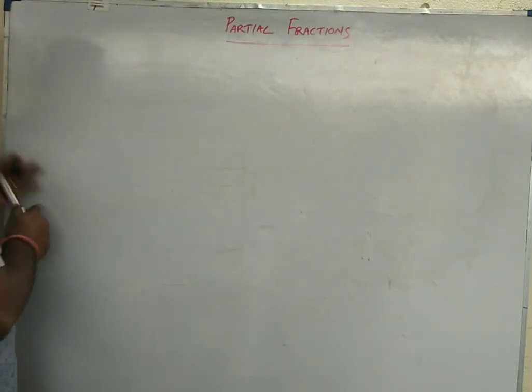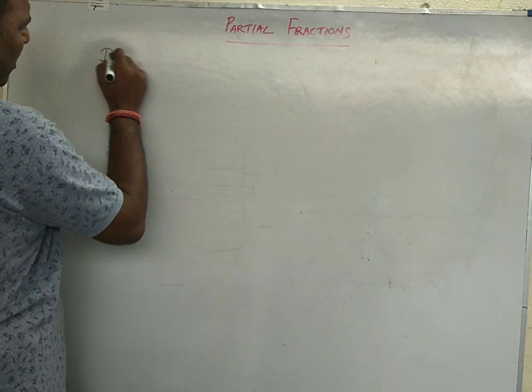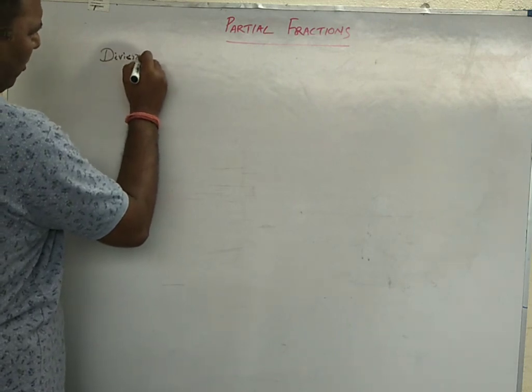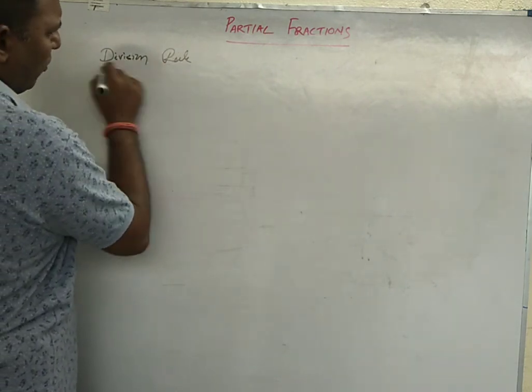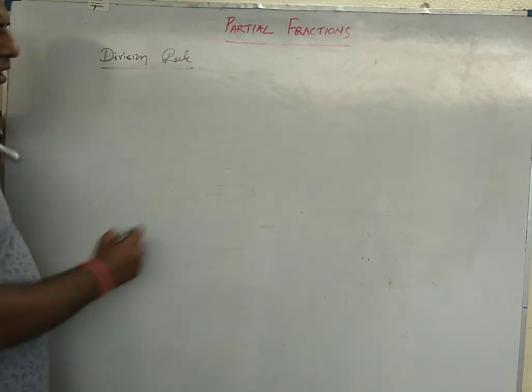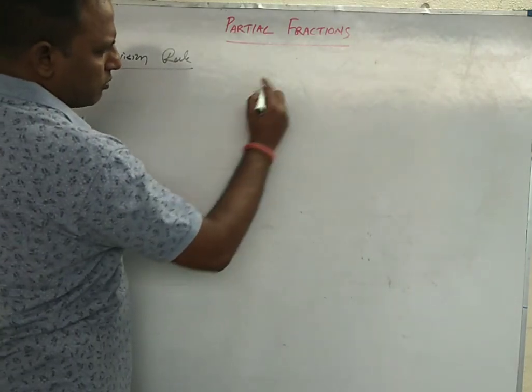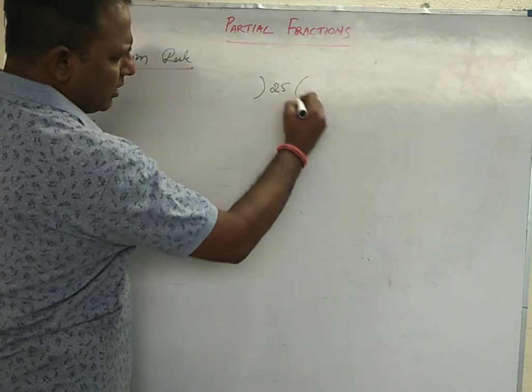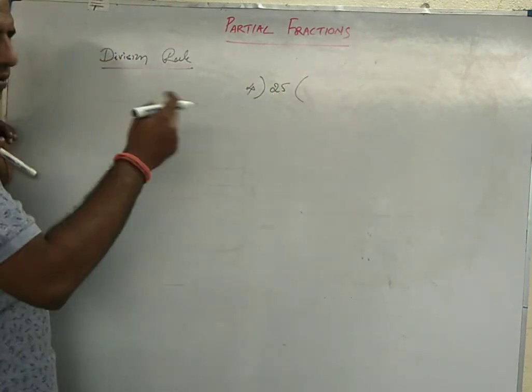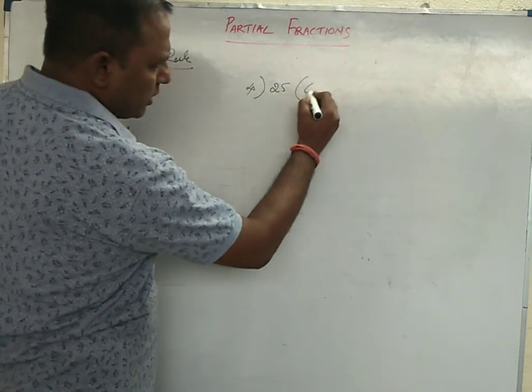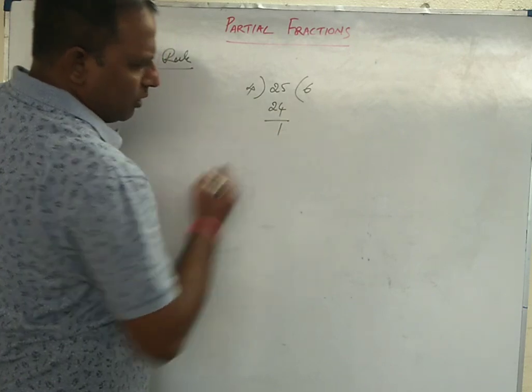We must have a division method, the division rule. What is the division rule? Suppose 25 is divided by 4: 4 sixes are 24, we get remainder 1.